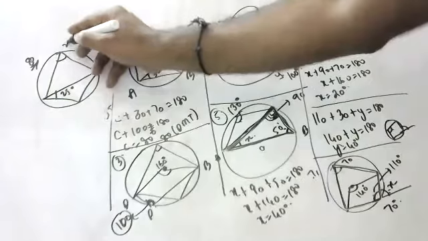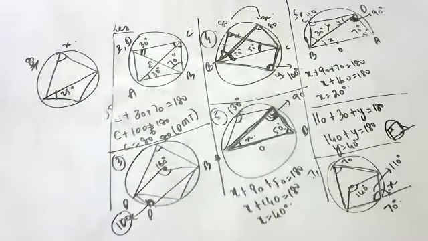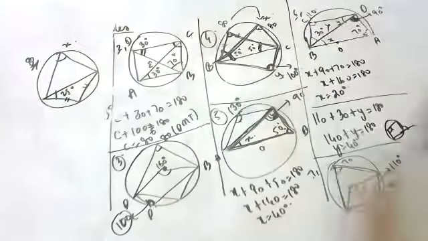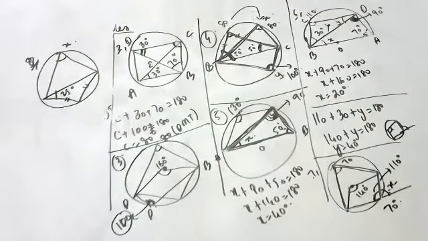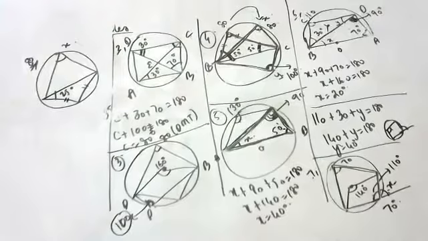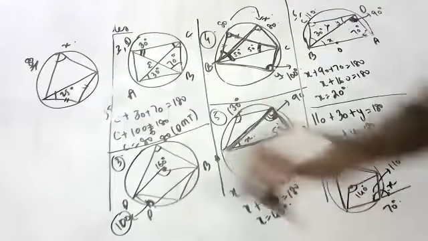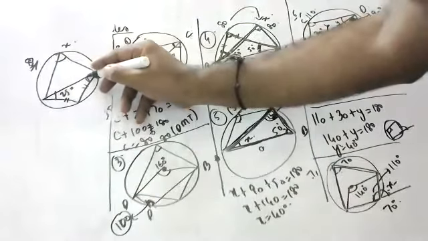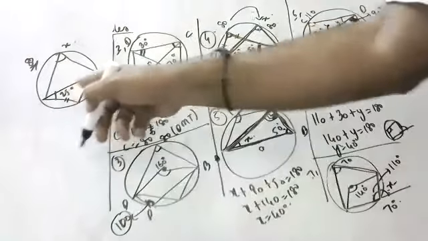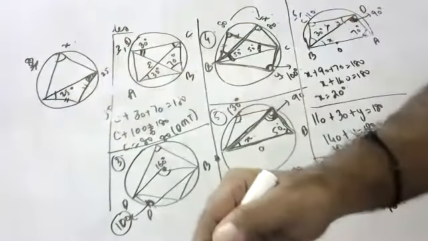I want this angle. And remember, they have given that this and this are equal. Can you tell me? Sir, 25 and 25. You want to say this is 25? Yes, sir. Why? They said equal sides will have equal angles.